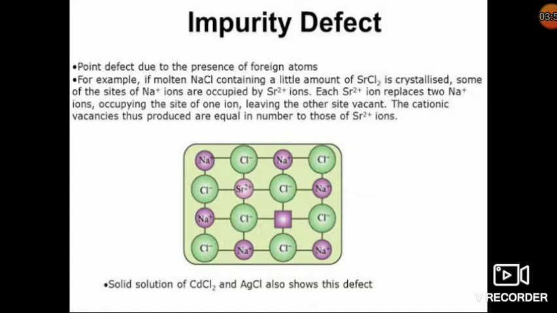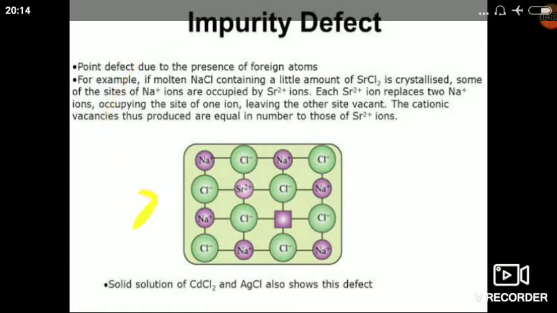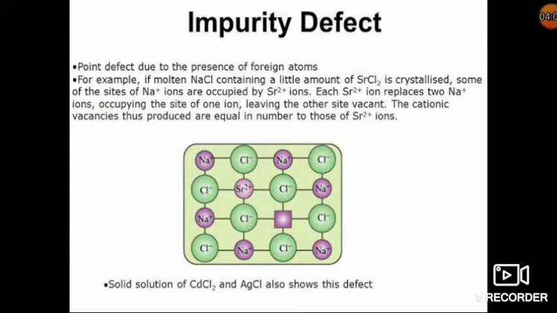One space will be occupied by the strontium and another will be left vacant. This is called impurity defect. You have to remember that here a foreign particle causes the anomaly.